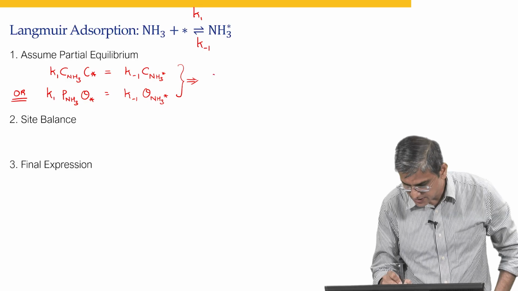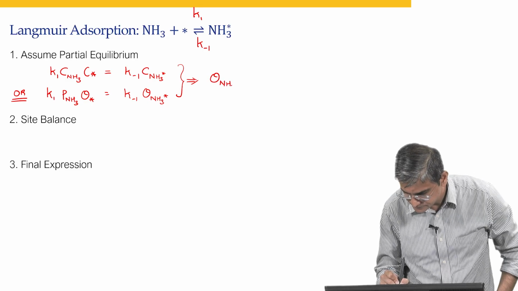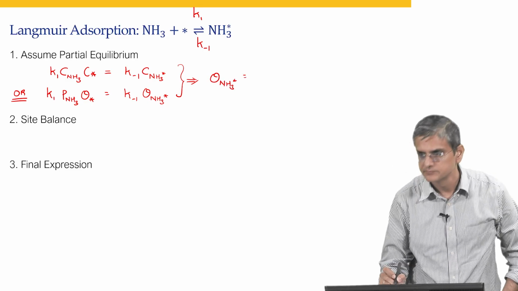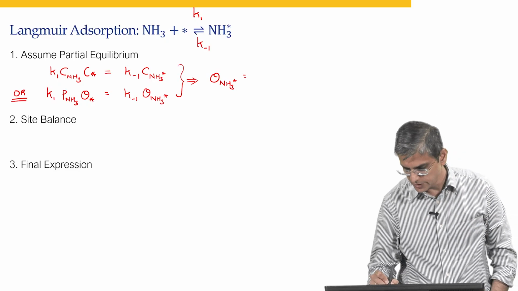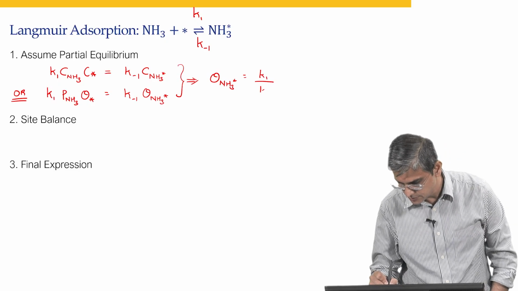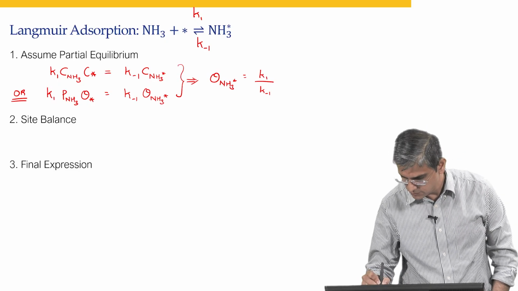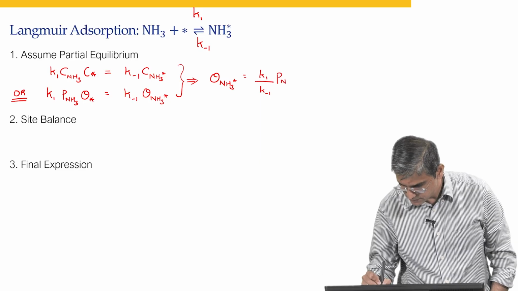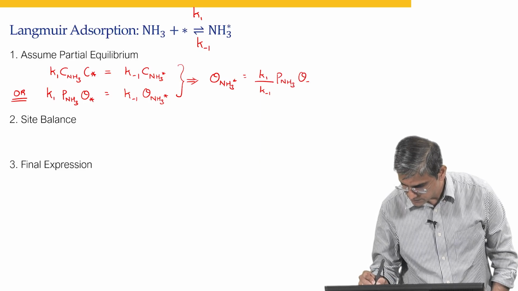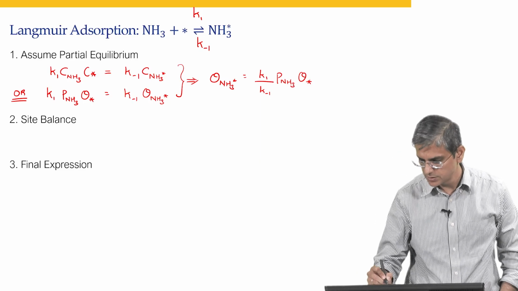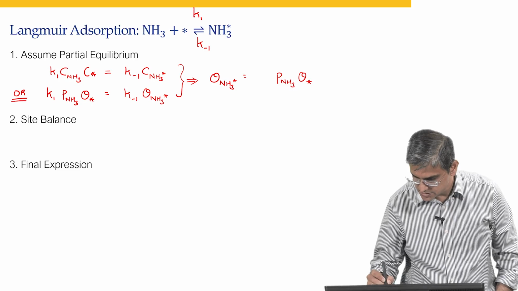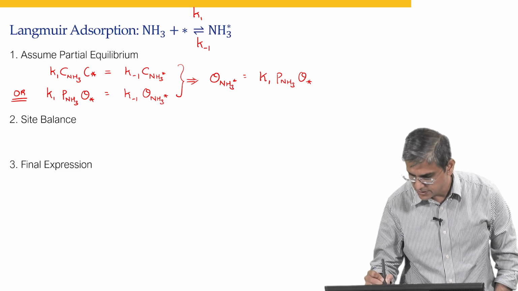So, what is theta NH3 star? It is K1 divided by K minus 1 multiplied by the pressure of NH3. This is nothing but capital K1.